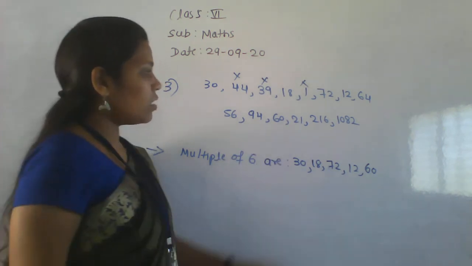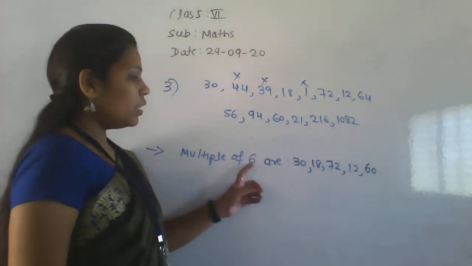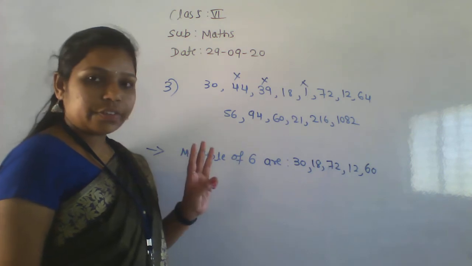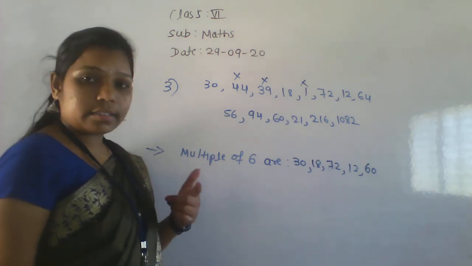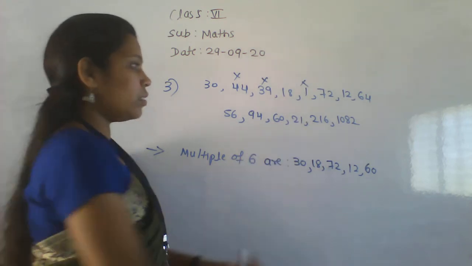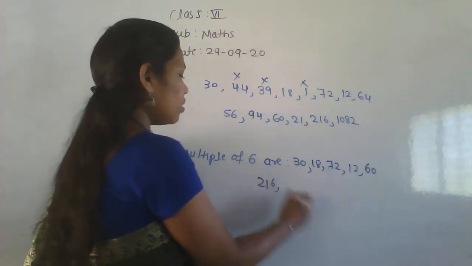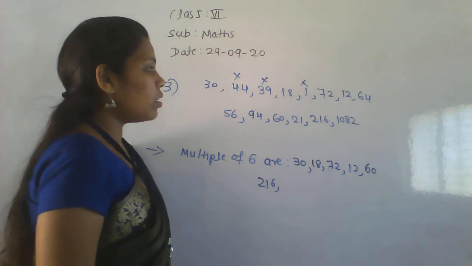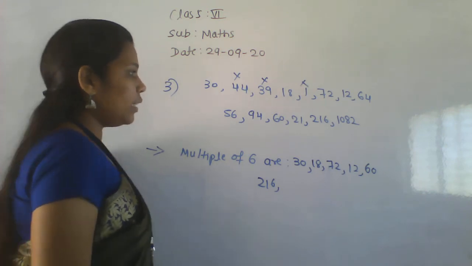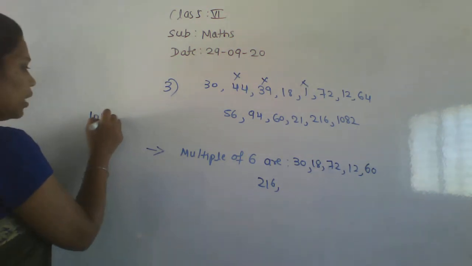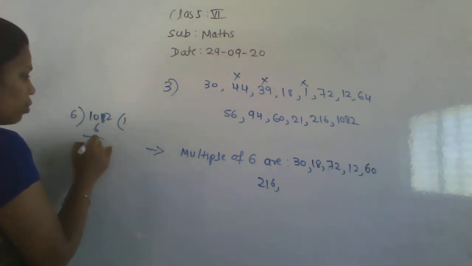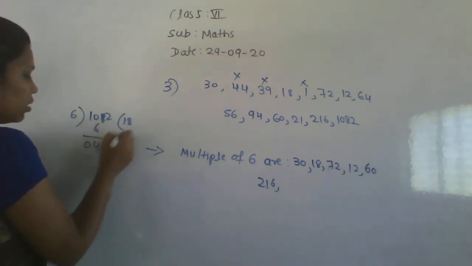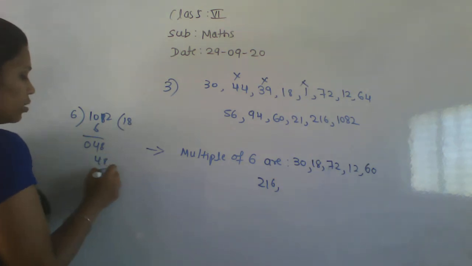Leave that one. Next 216. 6 threes are 18, 3 left, then becomes 36, then 6 sixes are 36. Yes, 216 is the multiple of 6. Next 1082. Divide 1082 by 6: 6 ones are 6, here 4 left, 6 eights are 48, here 2.